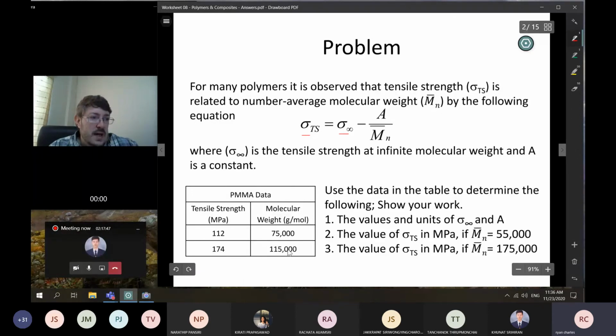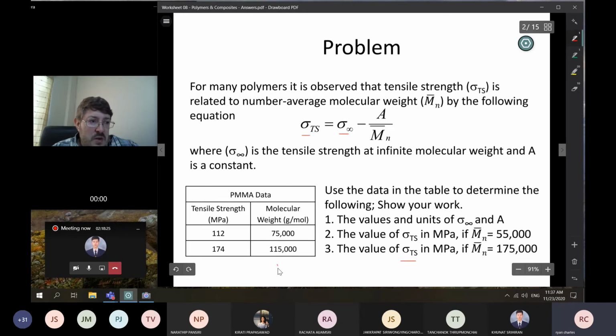So we see at high molecular weight, we have high strength. Low molecular weight, we have lower strength. Find from this data the values and the units of sigma infinity and A, whatever A is, and then calculate the values of tensile strength in MPa if the number average molecular weight is 55,000, so lower, and then higher, 175,000.